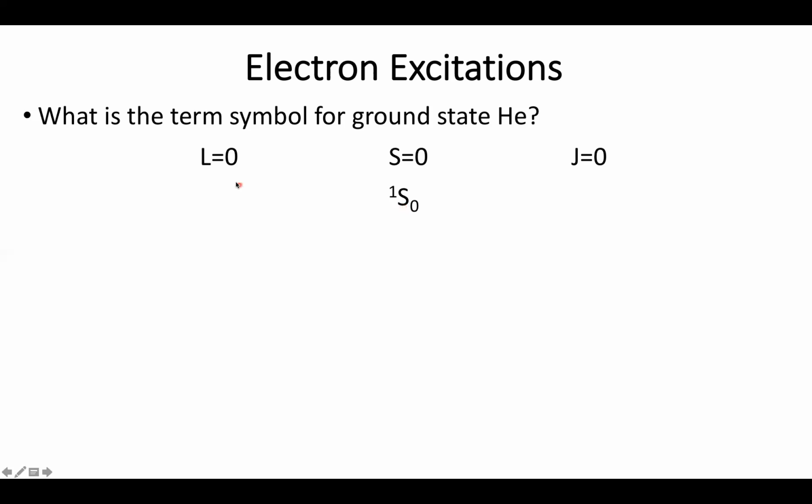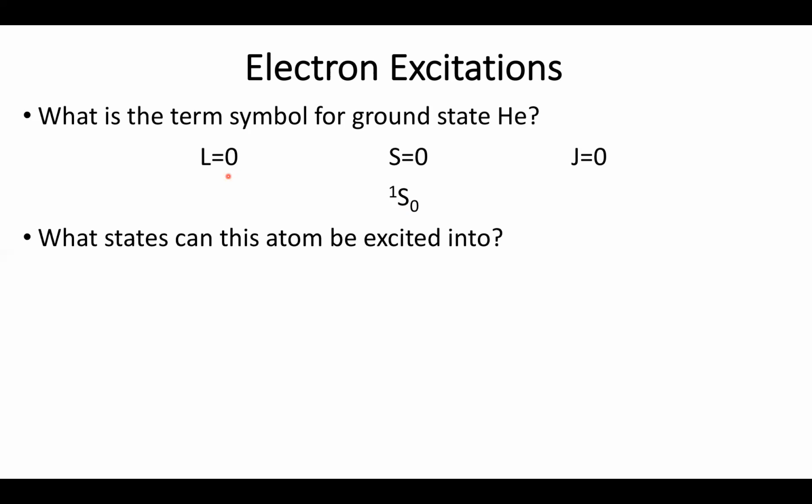So I start with an L of 0. I certainly can't decrease by 1, and I can't stay the same because I'm going to go from an s orbital to a p orbital. So when I'm exciting my system, I'm going to take one of those s electrons and jump it up into a p orbital. So this will give me a final state of L equals 1, or again, a p state.